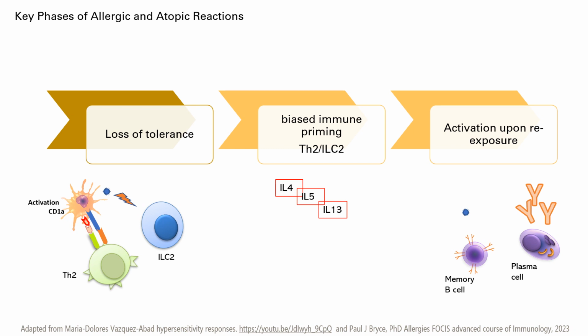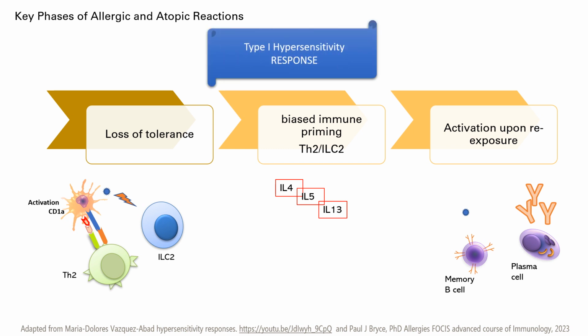Now, one thing that's important to say is that when we look at the characteristics of this response, we call it type 1 hypersensitivity. Type 2, 3, and 4 hypersensitivity responses were described in 1964 by Gell and Coombs.